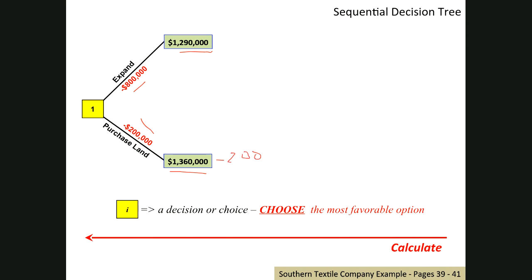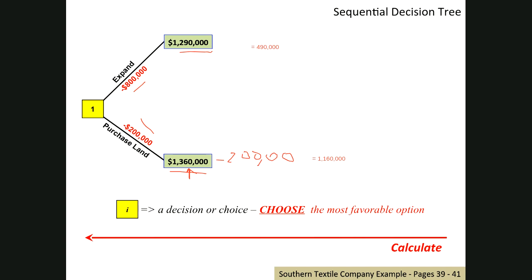In other words, it costs 200,000 for the firm to get this expected return. And so our expected return in this case is 1,160,000. And in this case, our expected return is 490,000.